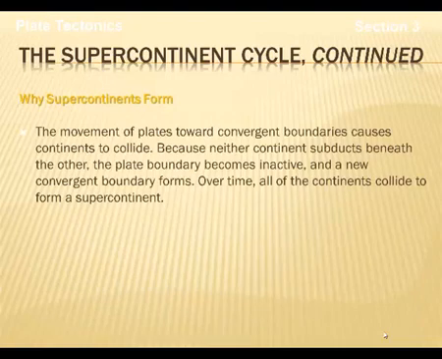Because neither continent subducts beneath the other, the plate boundary becomes inactive and a new convergent boundary has to form. Because that heat from inside of the planet has to be released, it may form different rifting areas throughout the planet. And so other continents may start to break up and rift apart in other areas. Over time, all of the continents collide to form a supercontinent.